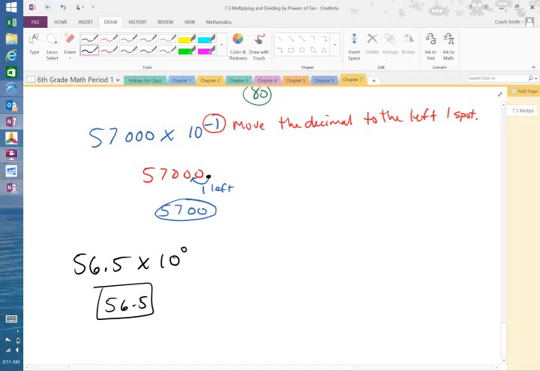And mathematically, why that's true is because we said 10 to the 0 power is equal to what? 1. So what is 56.5 times 1? 56.5. Same thing is true here: 56.5 divided by 10 to the 0 power. That's just 56.5.